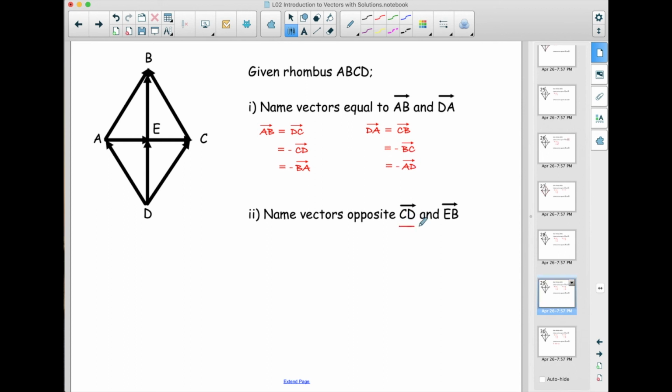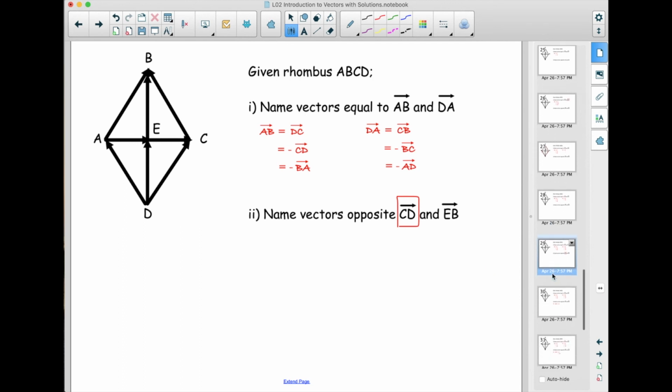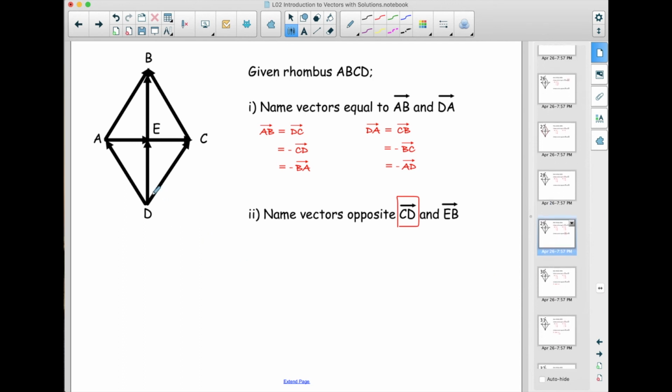And now this one is vectors that are opposite CD. So again, now we're going to start with the opposite. So the vector that is opposite CD, which is this vector going this way, needs to be parallel to it, but it needs to be heading in this direction. And of course, that would be vector AB.